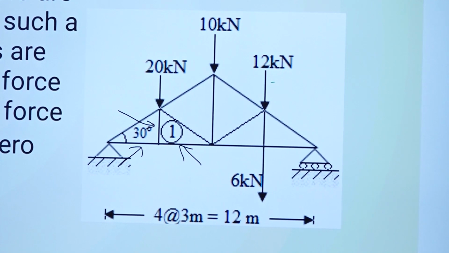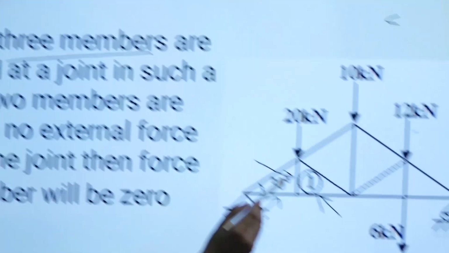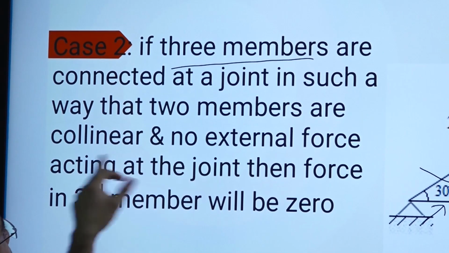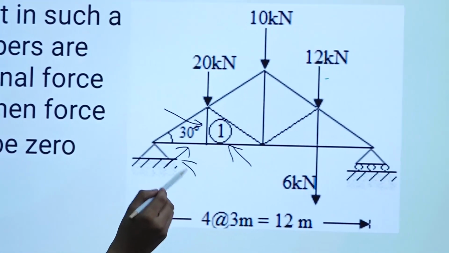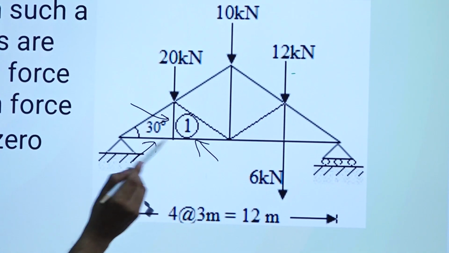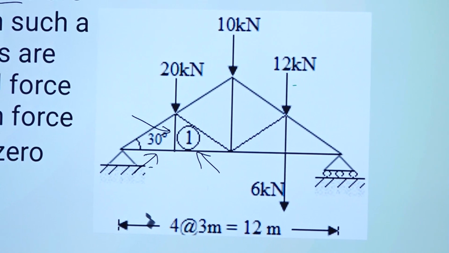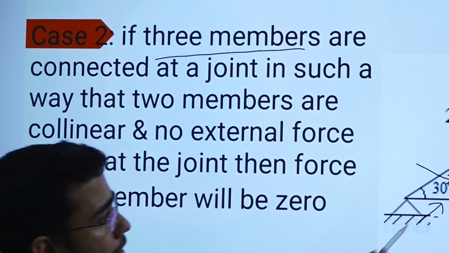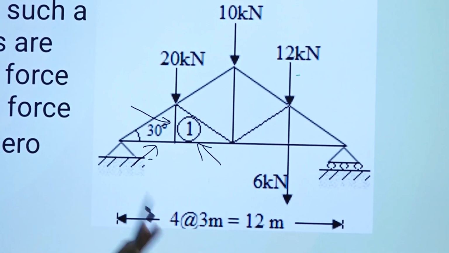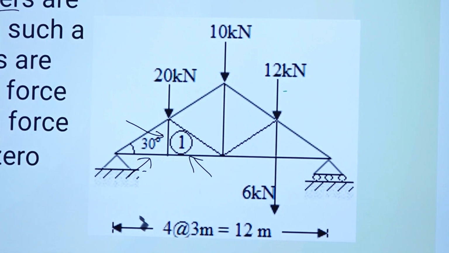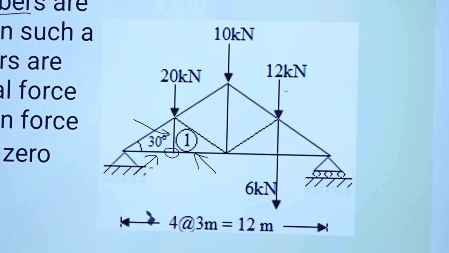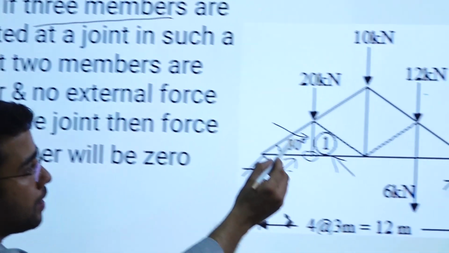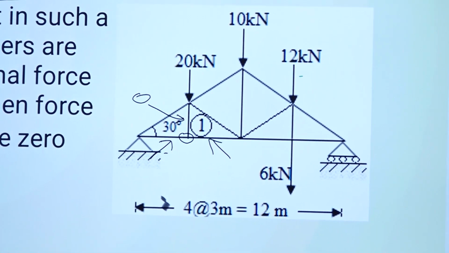So what they say: if 3 members, meaning 1, 2 and 3, are connected at a joint in such a way that 2 members are collinear, so this one and this one are the 2 collinear members, and no external force is acting at the joint, there is no external force at this joint, then the force in the third member will be equal to 0.